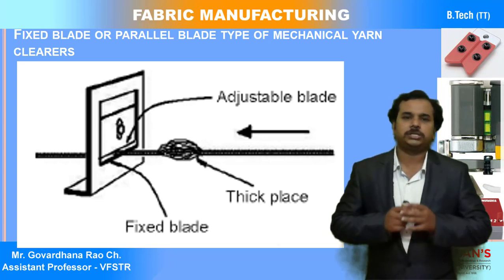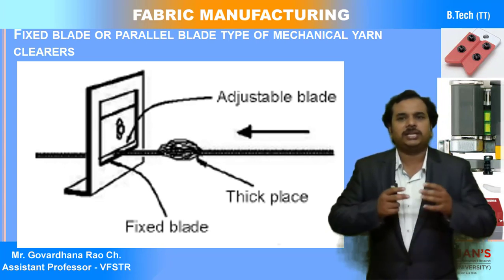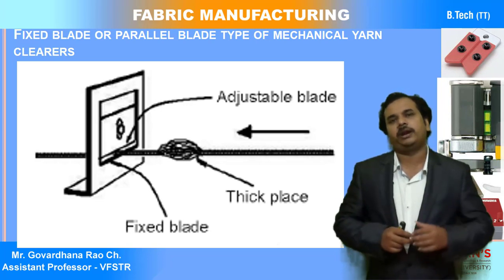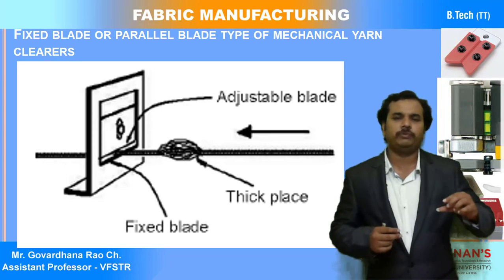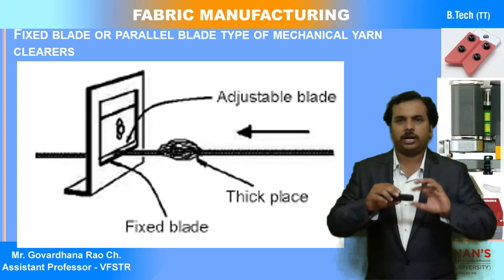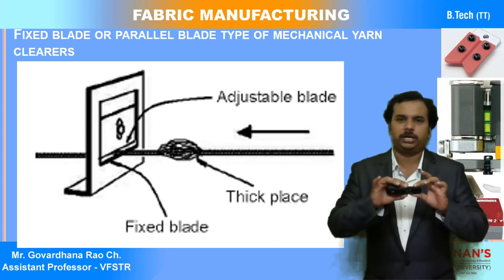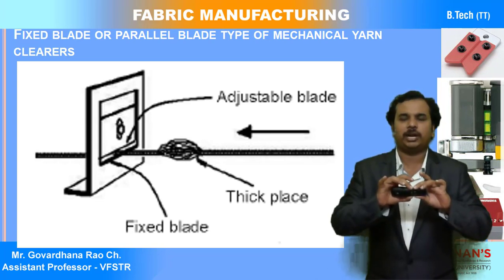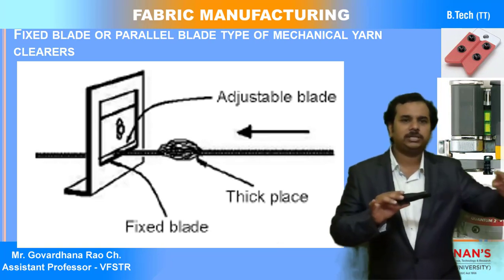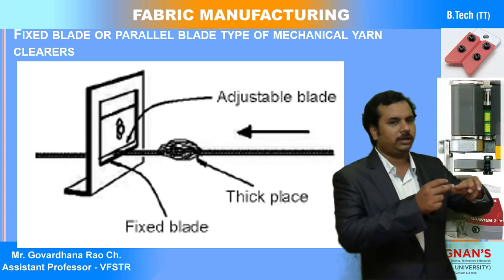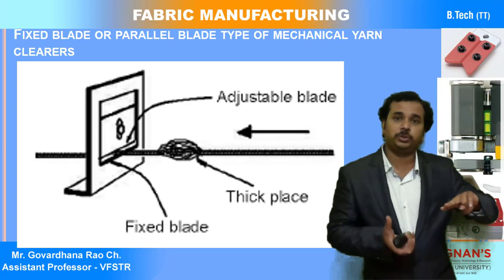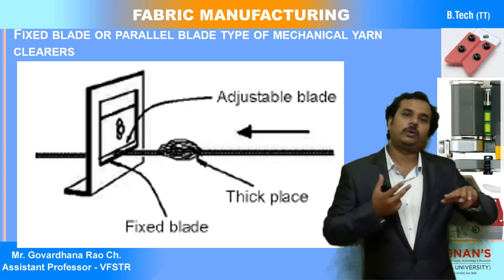Now what is happening, you can see here in the image, there is an adjustable blade and a fixed blade, and in between these two we are passing the yarn. For example, the yarn requires to have this much diameter, and if the yarn somehow has a larger diameter at one place, these two blades, one called the fixed blade and one called the adjustable blade, come into play. The adjustable blade is changed when the yarn count is changed.